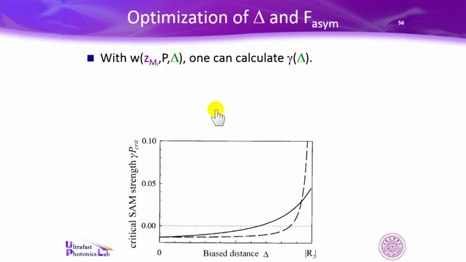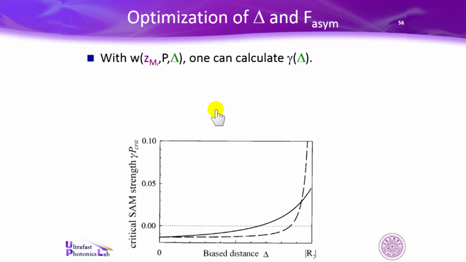So this is a fixed constant. 我们已经决定了 z 要在哪里，就是 iris 要放在哪里，这已经固定了。But beam radius is still a function of laser power and the curved mirror separation. So we can calculate the SAM coefficient gamma as a function of the second variable, delta.